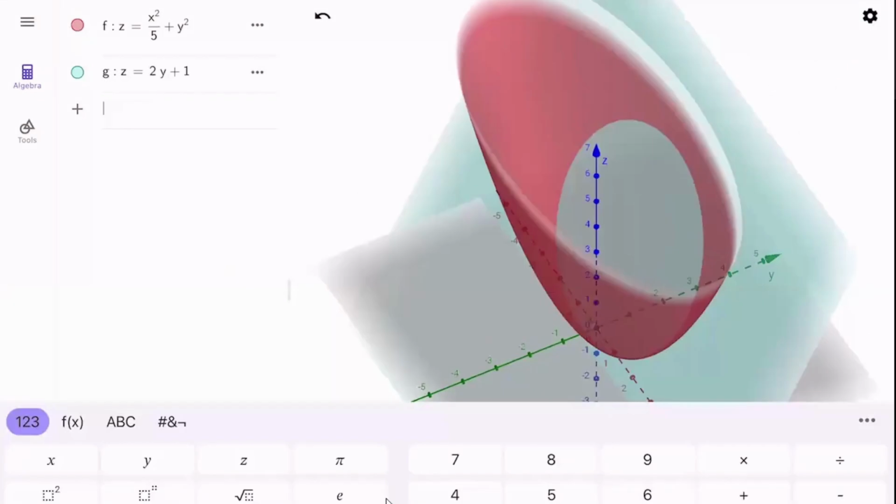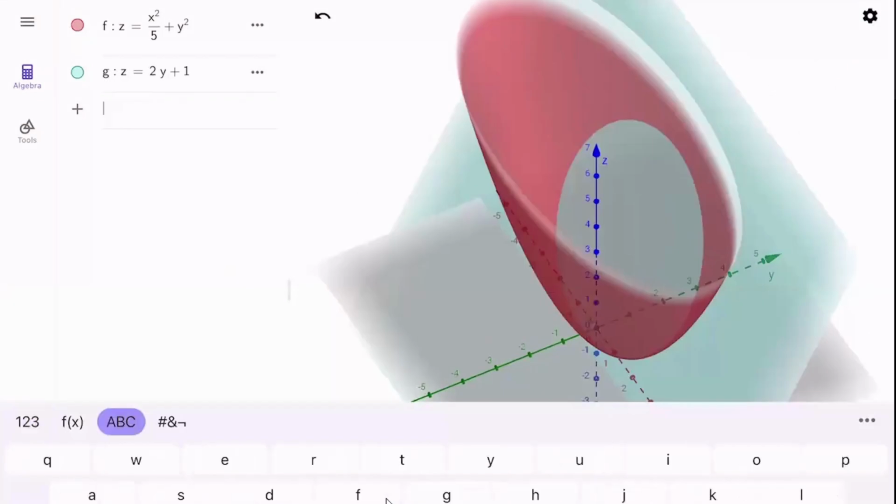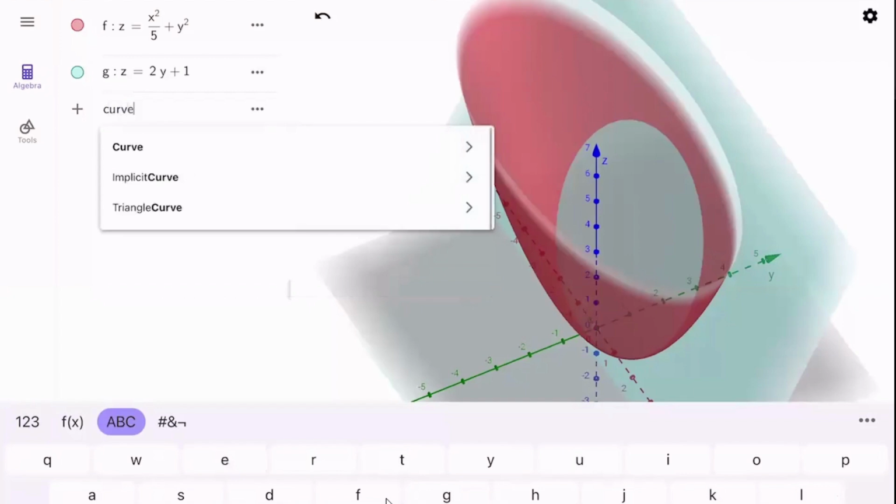Okay, so now let's put in the curve of the intersection. So we write curve, parentheses. We put the x component first.